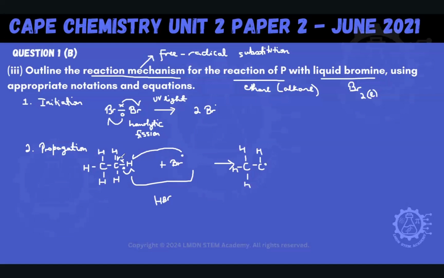Radical, because that ended up there. And then that H is still there, but this H was taken away to go and be with the Br radical. So that's HBr. Okay? And here, this is an ethyl radical.